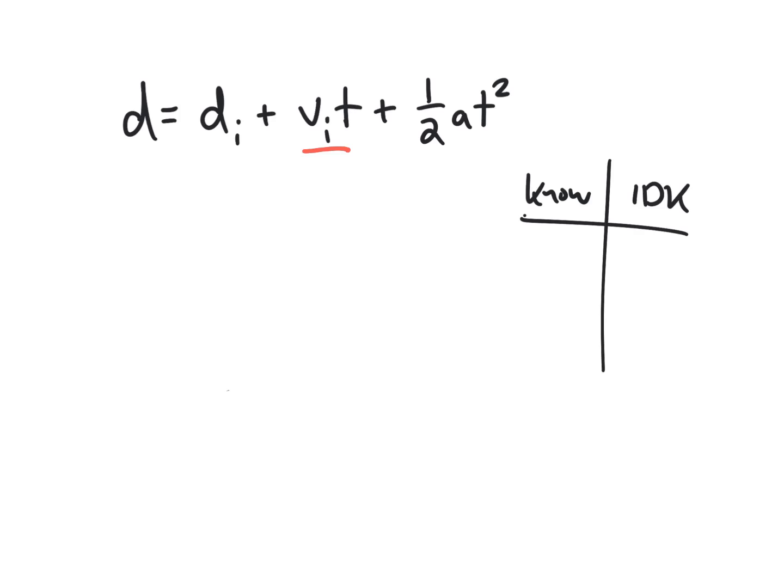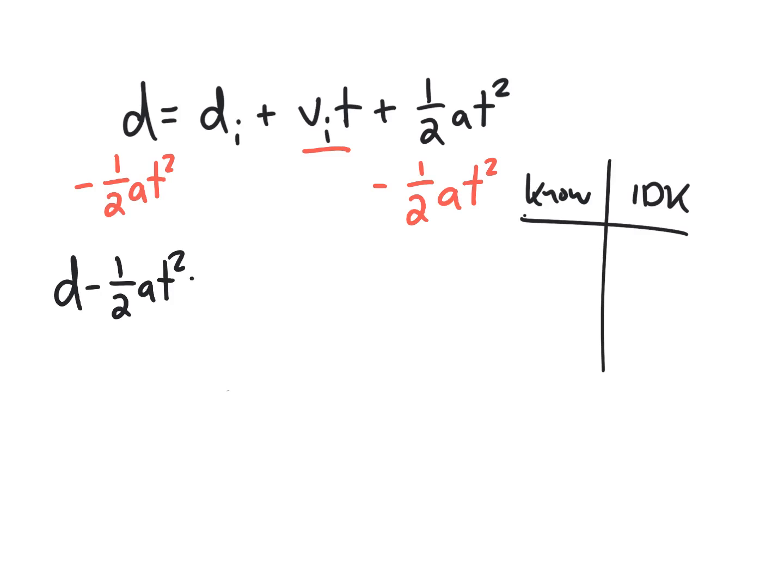So I'm going to subtract half of a t squared from both sides. And so that gives me d minus half of a t squared equals d sub i plus v sub i times t.